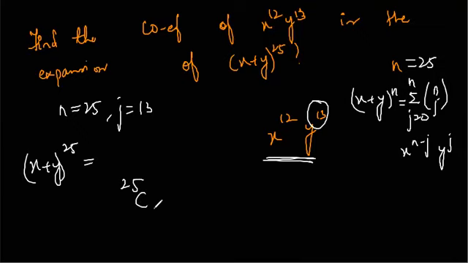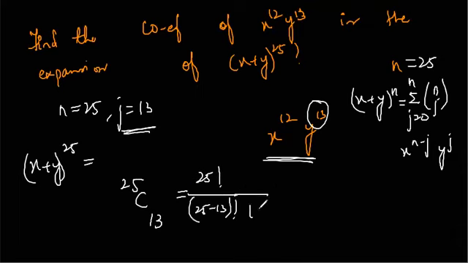So we need 25C13. Okay, since j value is 13, 25C13 will be equivalent to 25 factorial by (25 minus 13) factorial into 13 factorial itself. So this will be equivalent to 25 factorial by 13 factorial into 12 factorial.